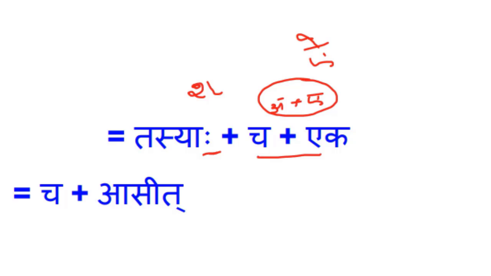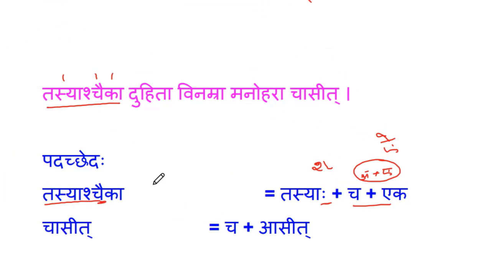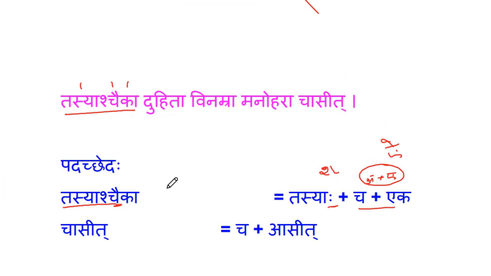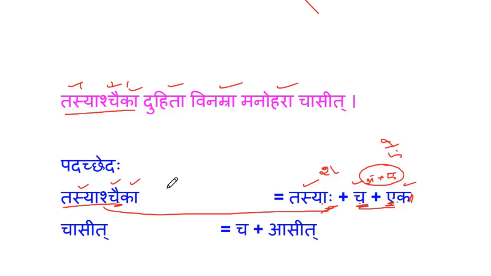If you get a plus a, both join together and we get ai. So that's why we got chai. When you split chai, we write cha plus ega. Together three words are there: tasyaha plus cha plus ega. So tasya, cha, eka, duhida, vinamra, manohara. Here also one more word, cha plus asida.